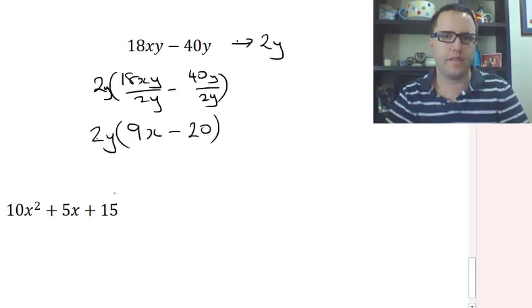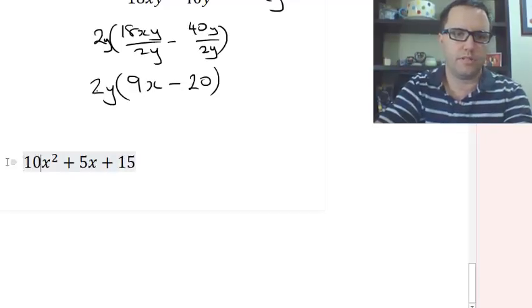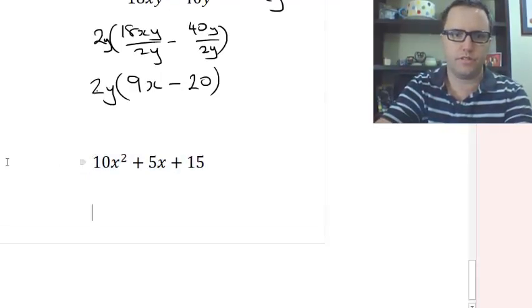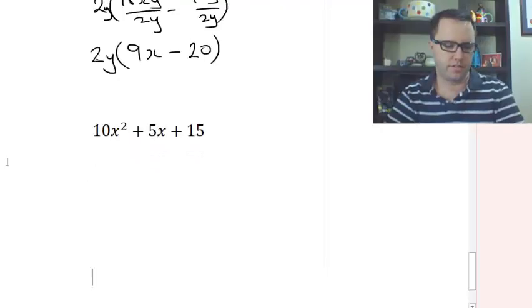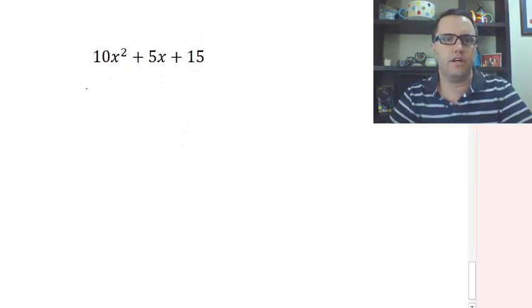Lastly, this one here is a special type of expression called a quadratic expression, because it's got an x squared term and an x term, and then an x to the power of 0 that we don't see here. We can factorize with all three terms.